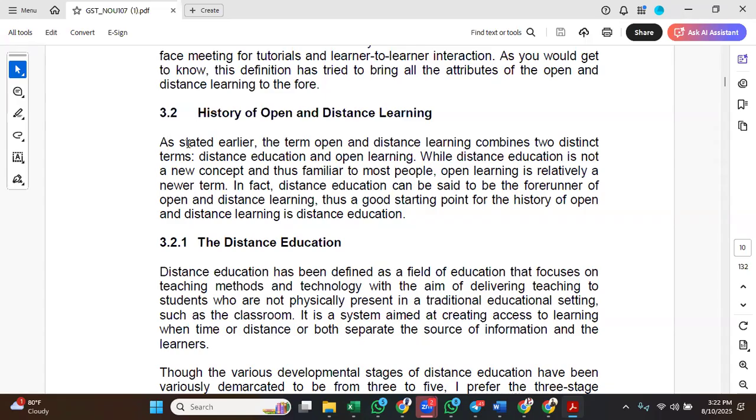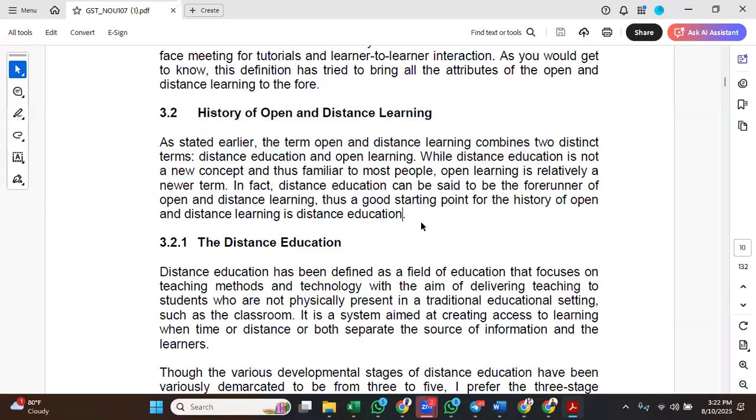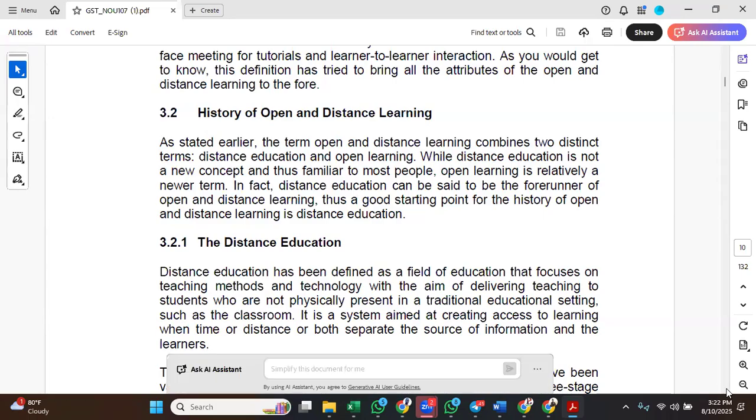That means it was after the invention of distance education that the thought of open learning came. That is all this history is trying to say. It is saying that we cannot talk about the history of open and distance learning if we don't talk about distance education first. So let's talk about distance education.